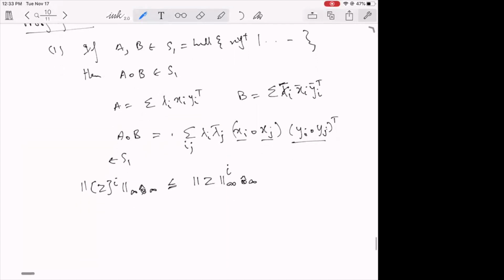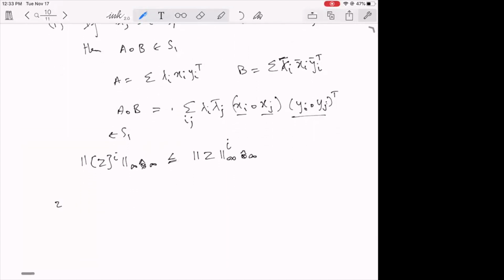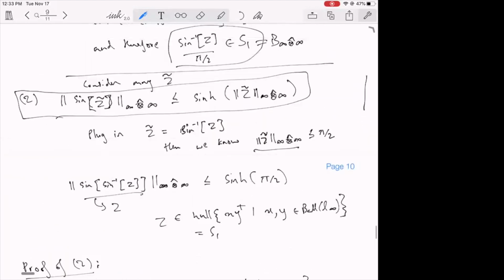Good. So we proved that, and now the second fact is just the triangle inequality, which we know is true because this is a norm. Combining these two facts, we're going to write out the Taylor series of the trigonometric sine of Z tilde and just apply the triangle inequality. Now we're trying to prove 2, just remember that's what 2 was.